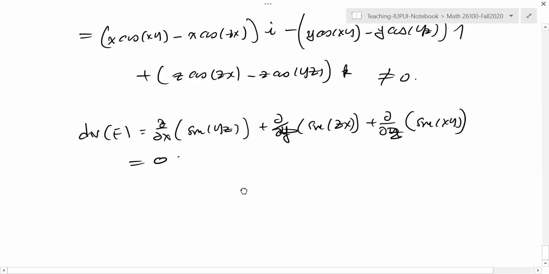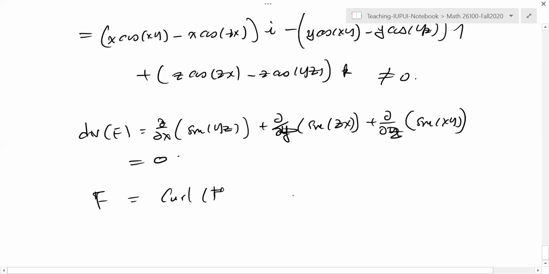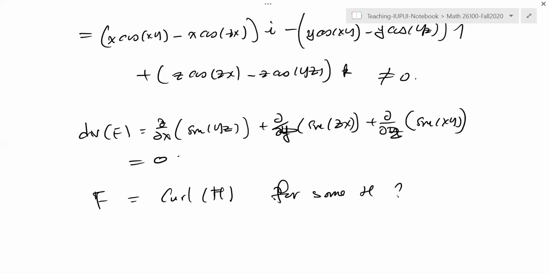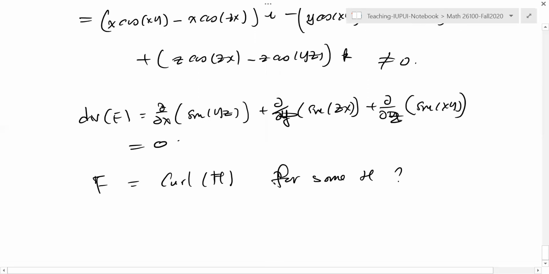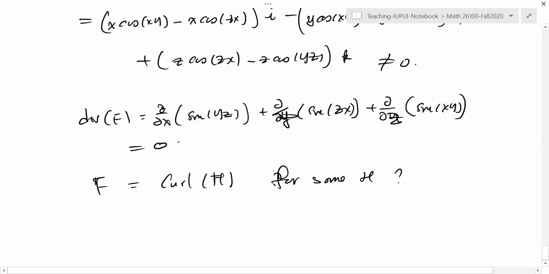My question is, is F equal to the curl of some h, for some h? And then you have to solve how many equations? It's not easy to get this. I'm not sure you were able to find such an h, because the divergence of F being 0 is a necessary condition for F being the curl of some vector field.